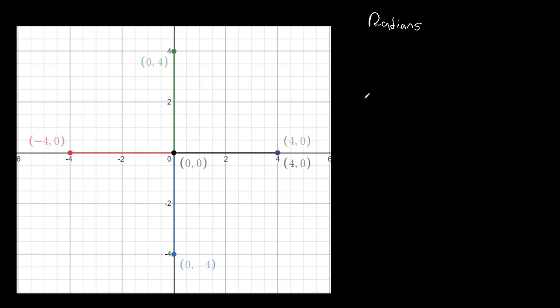Well, we can take that same definition that we talked about with degrees, of what happens when the initial side and terminal side are the same.